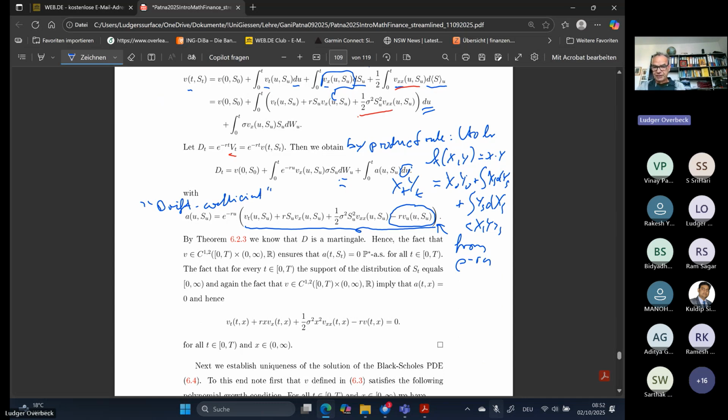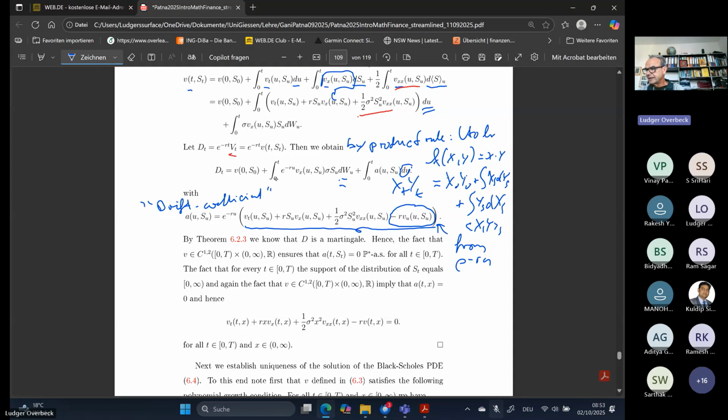Okay, at this stage, we now apply the knowledge that dt is a martingale. This means there's no drift. So this one is anyway a martingale.